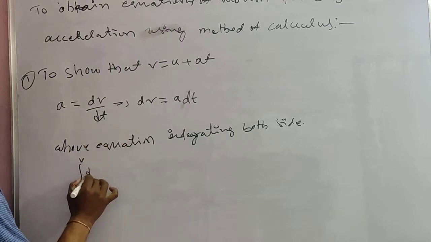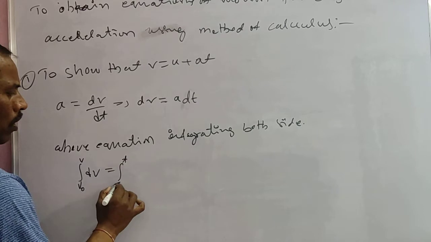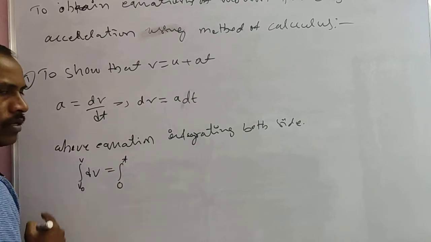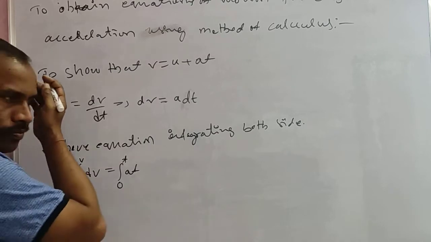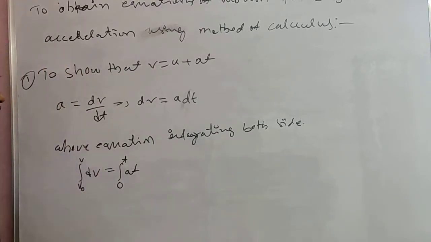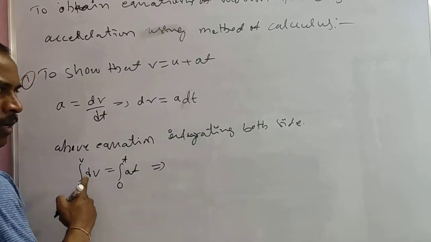So integral of dv is equal to integral of a dt, upper limit t, lower limit 0. Now simplify: upper limit minus lower limit.